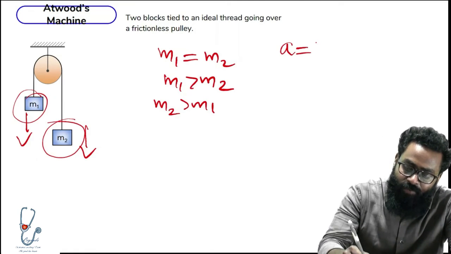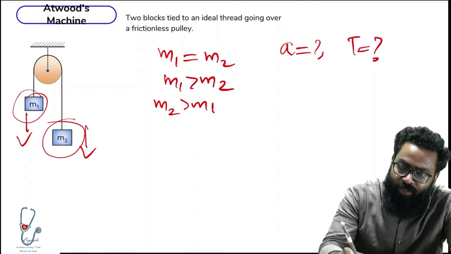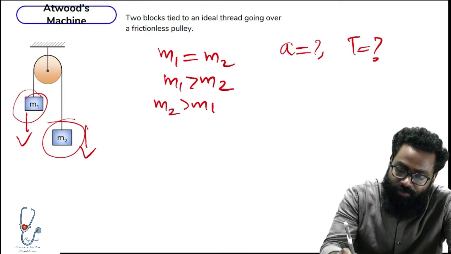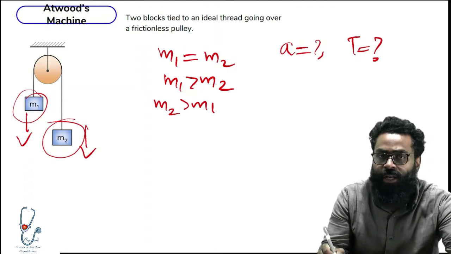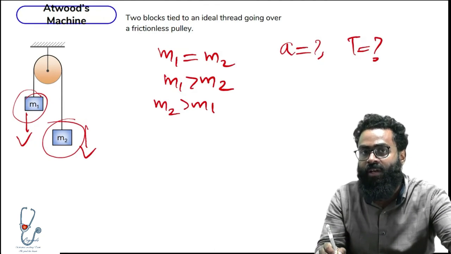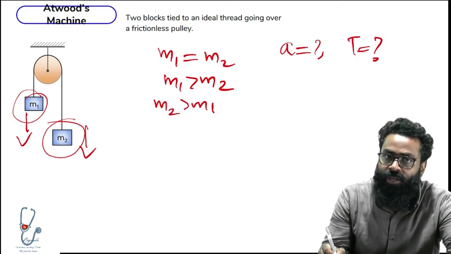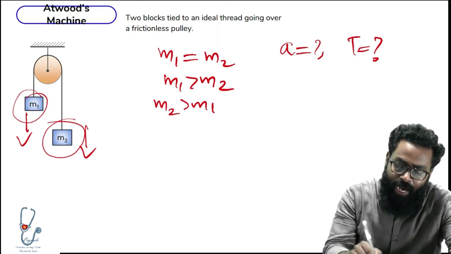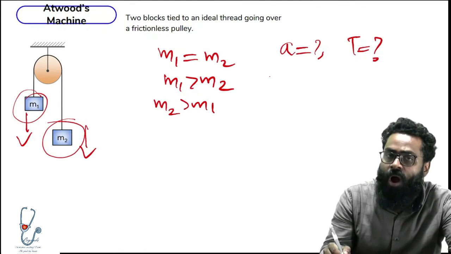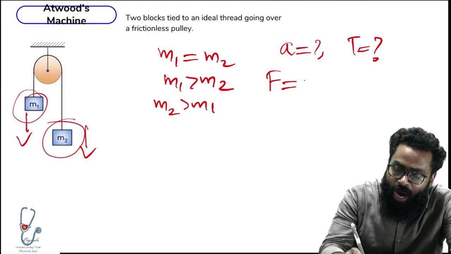In these cases, how do we find the acceleration and the tension? We have already said m2 is greater than m1.